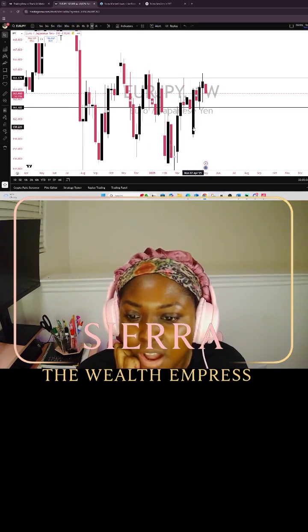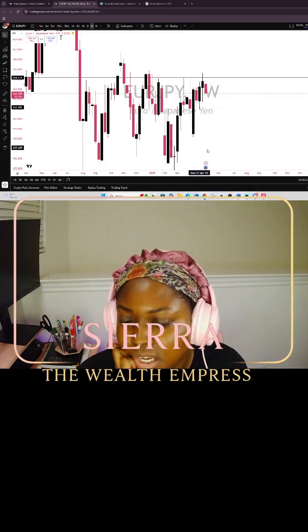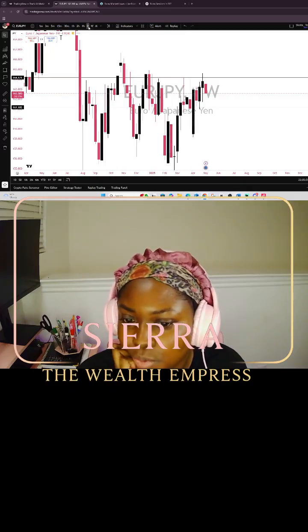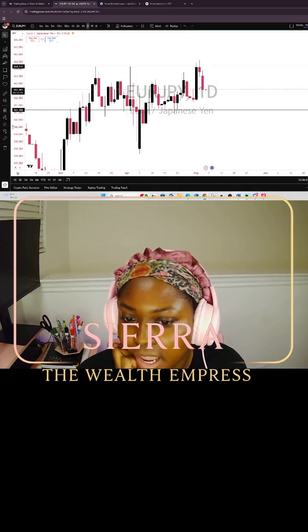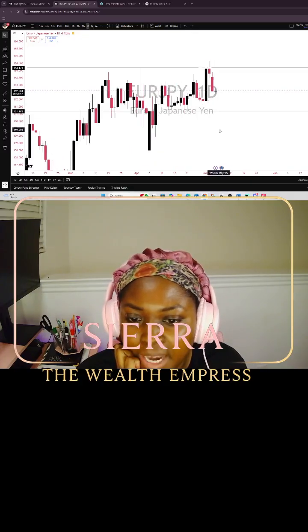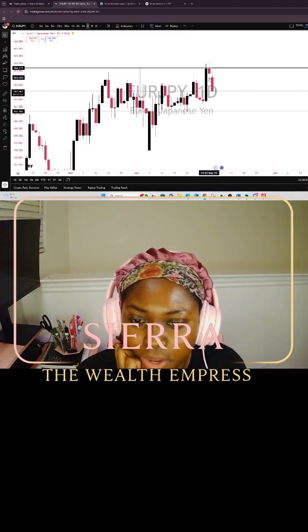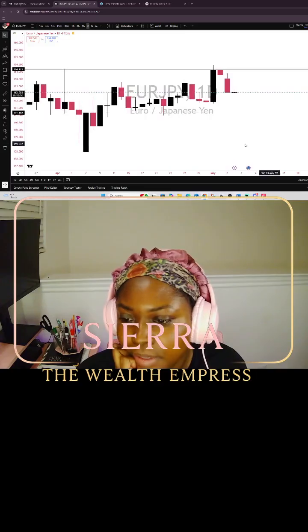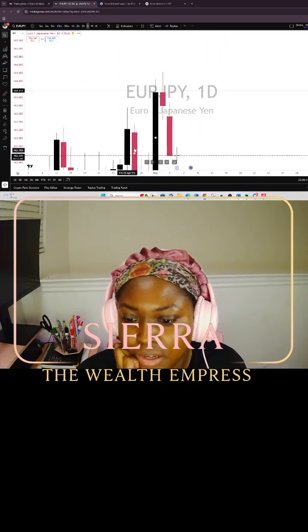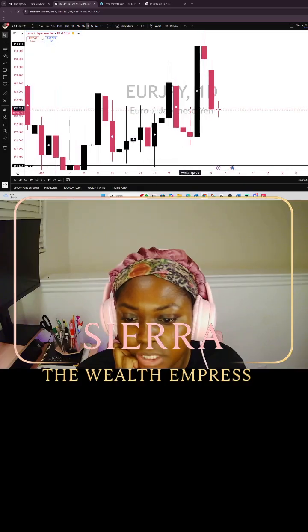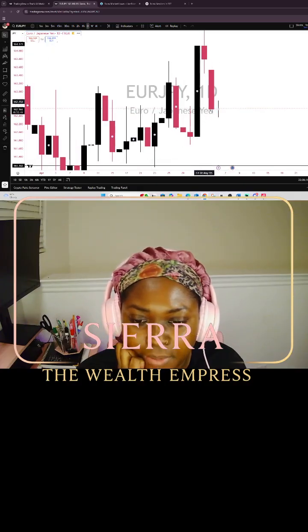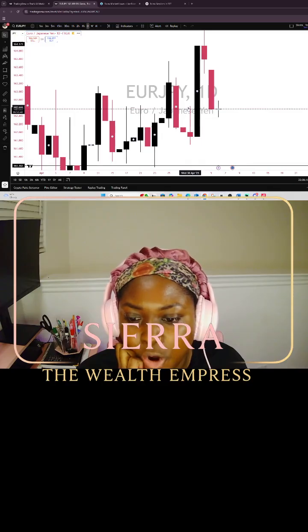Dang, I missed this. All right, so on the weekly, I don't really see anything that I need to mark up. So now I can come down to my daily. On my daily, we have a fair value gap right here. A fair value gap is when you have a big open space area. Before this candle came in, this was an open space because these two wicks did not connect.